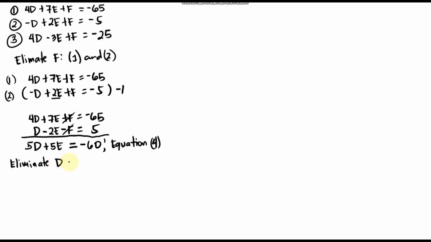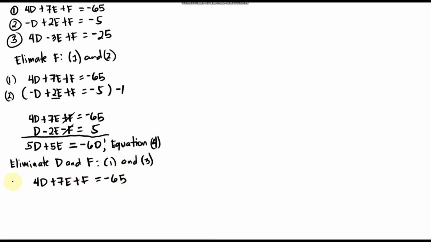Next, eliminate d and f. So how to eliminate the variables d and f? By equation 1 and equation 3. Tingnan natin. So ang equation 1 natin, we have 4d plus 7e plus f equals negative 65.